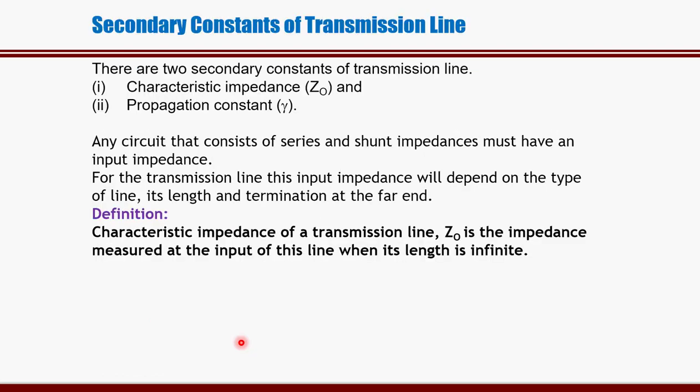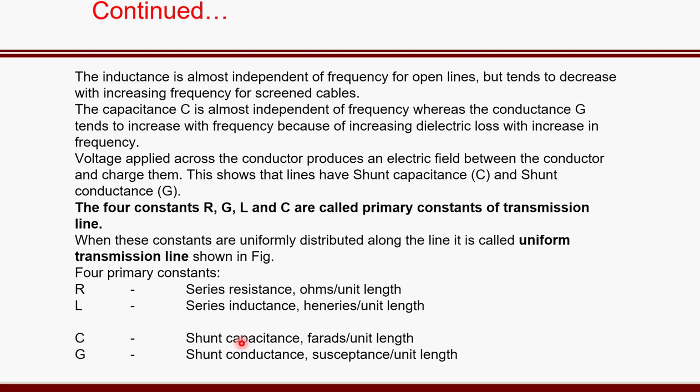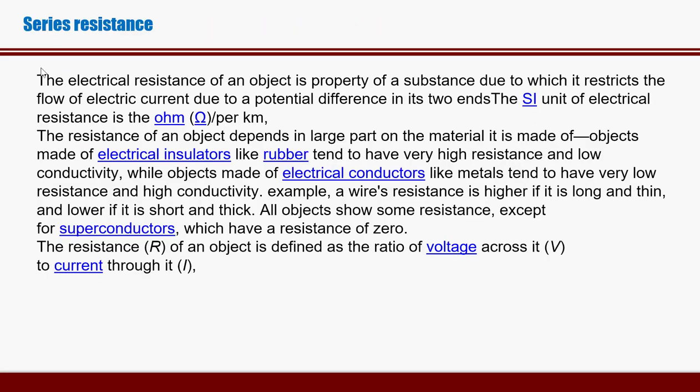One more parameter we are left with is resistance. We know that electrical resistance is a property of a substance due to which it restricts the flow of current due to the potential difference applied at the two ends, and it is measured in ohms. But for a transmission line, it is measured in ohms per kilometer.